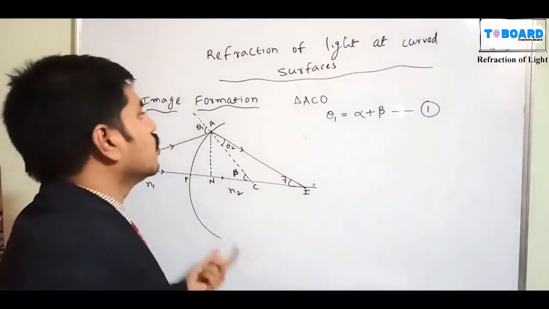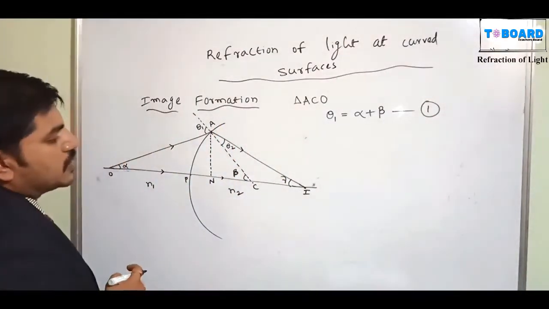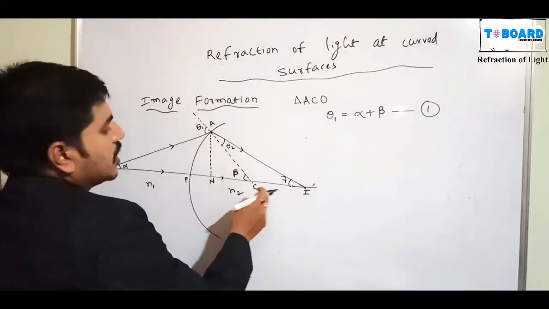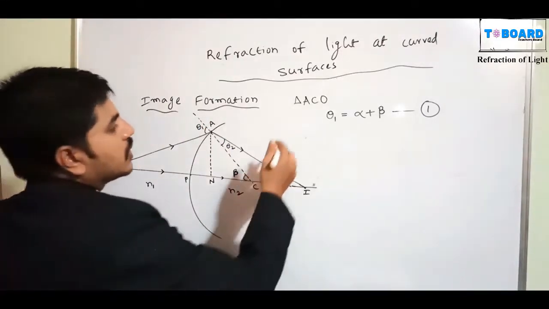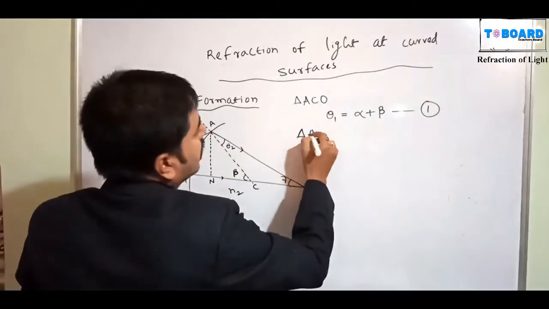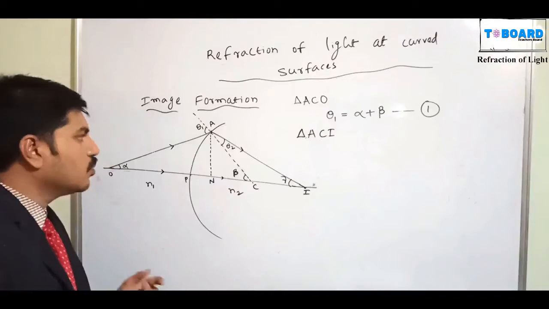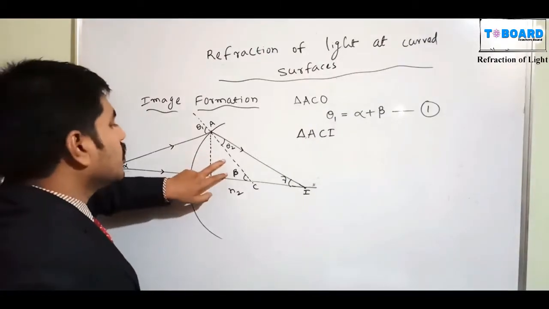The next formula comes from the triangle ACI. From this triangle ACI, what will it be? The exterior angle equals the sum of the interior angles.